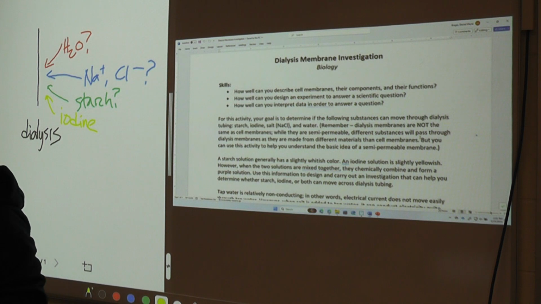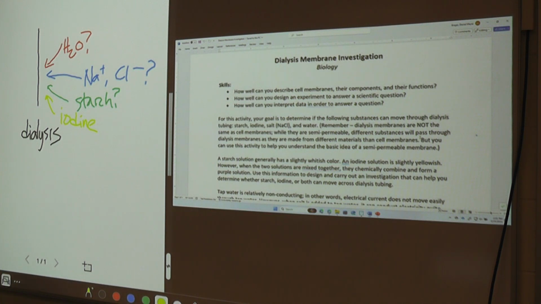And starch is a little interesting too. So starch we can see. I have some starch here, or maybe I have some starch here. I actually can't remember. One of these has starch in it, and one of them doesn't. They both look the same, right? One of them has baking soda. It's not the same as starch.